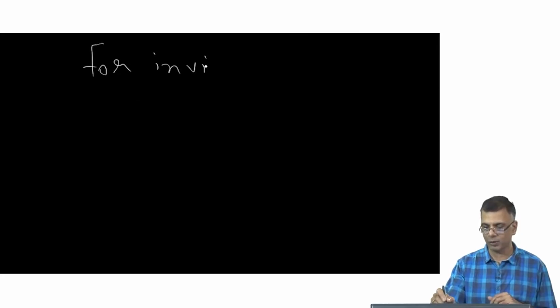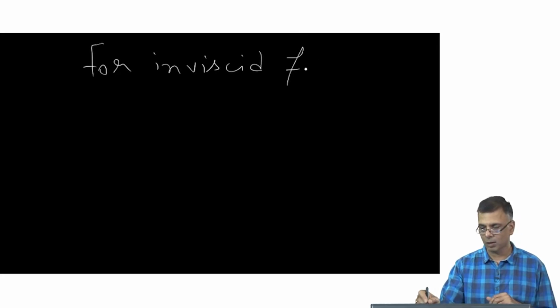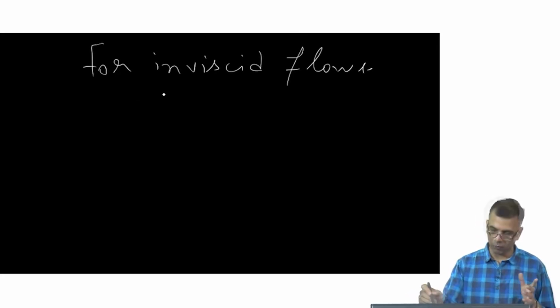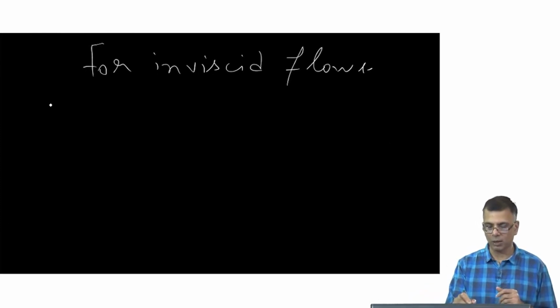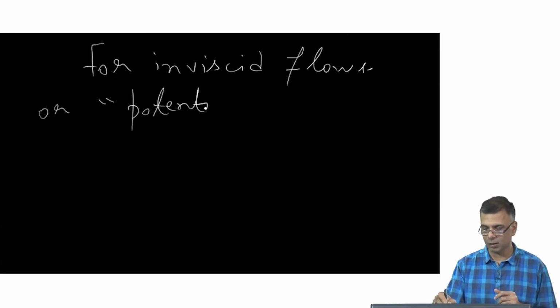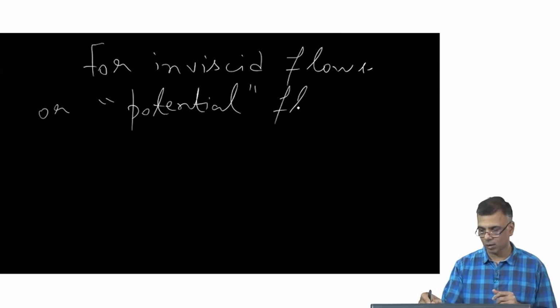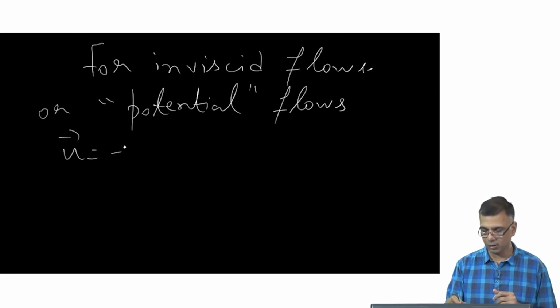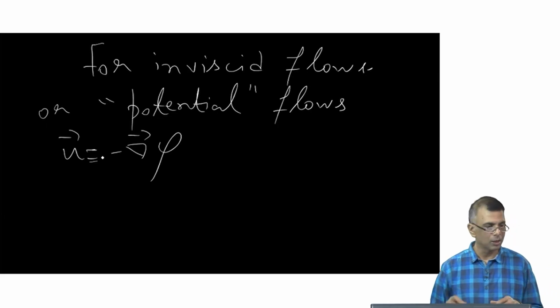In fact, for perfectly inviscid flows, or equivalently potential flows, which we have discussed, where u can be written as the gradient of a potential, this is a velocity potential, not a gravitational potential.